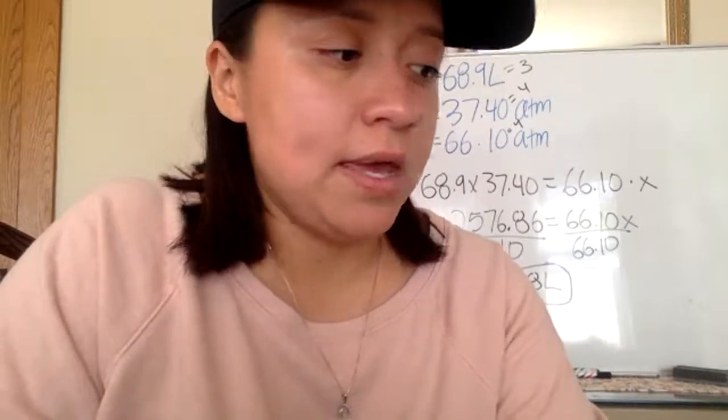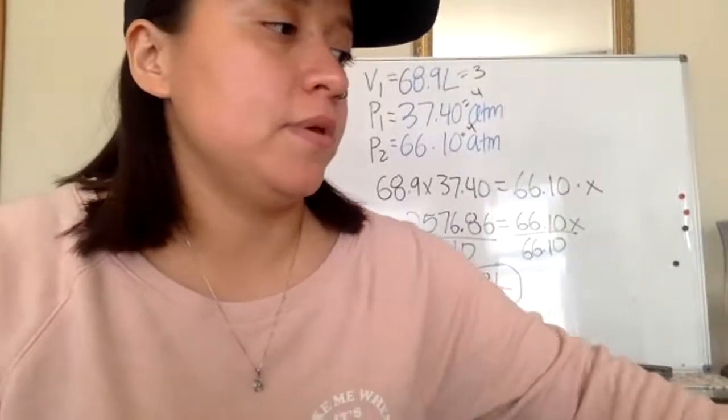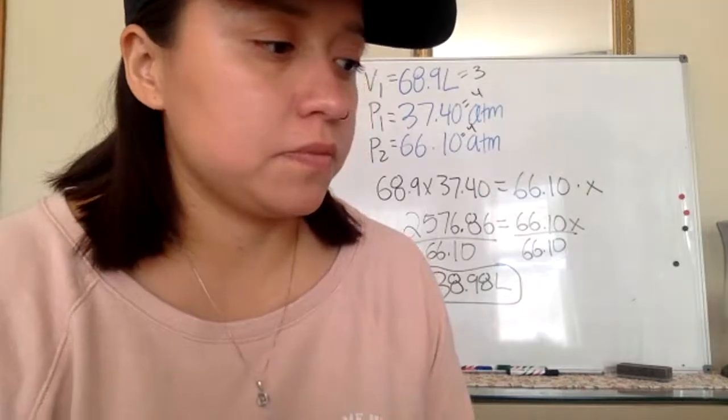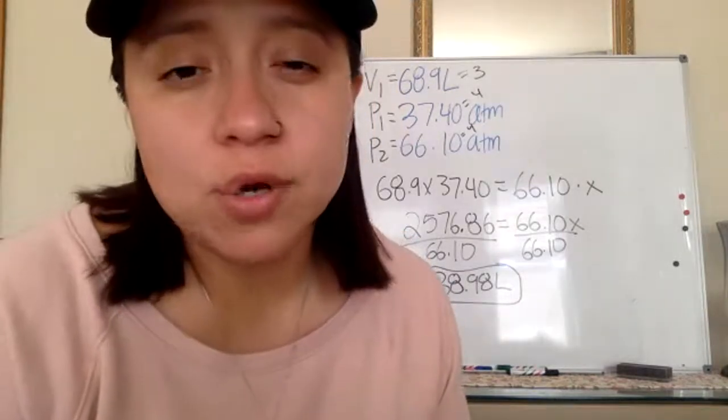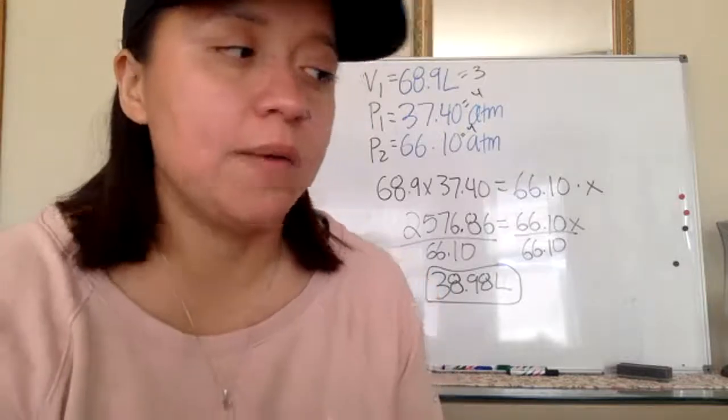What volume would the gas be at 4.500 atm? That's number 8. I want you guys to notice that it's also a Boyle's law, okay? So let's look at number 8.